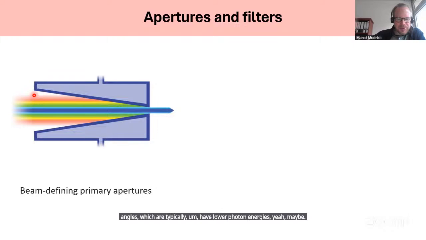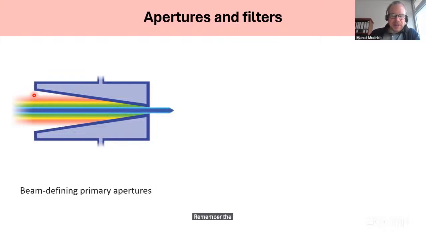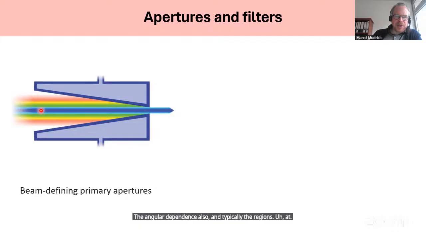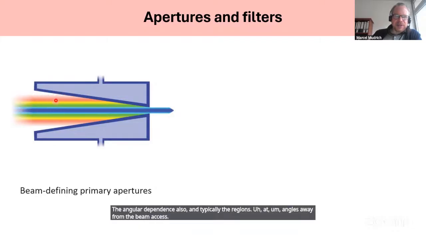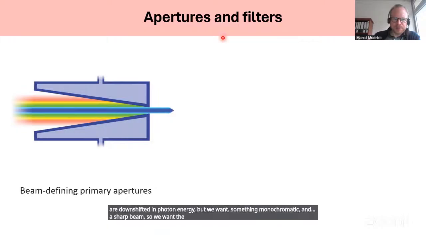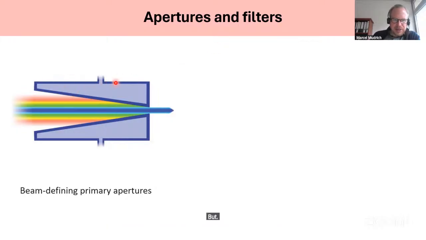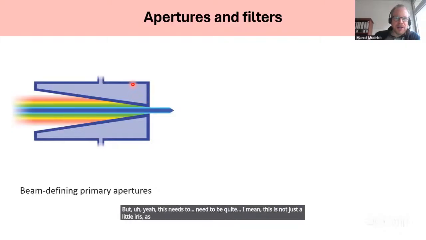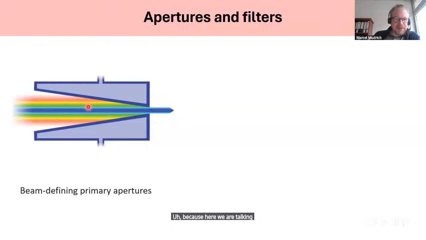Maybe remember last time we discussed the angular dependence also, and typically the regions at angles away from the beam axis are downshifted in photon energy, but we want something monochromatic and a sharp beam, so we want the central part. But this is not just a little iris, as you may know it from your laser physics laboratory, because here we are talking about kilowatts of X-rays that need to be absorbed.